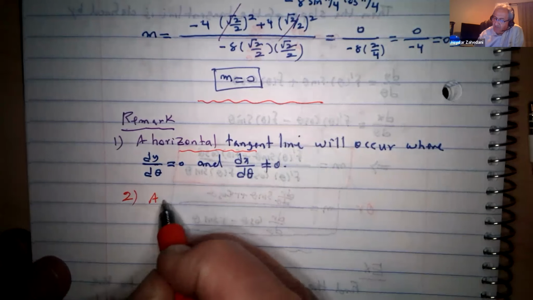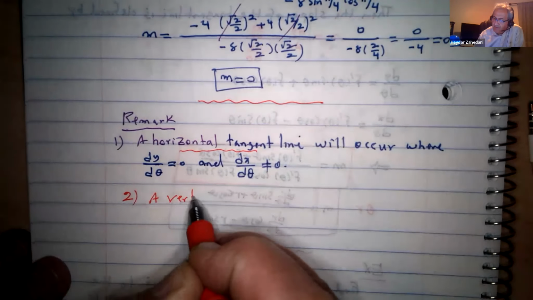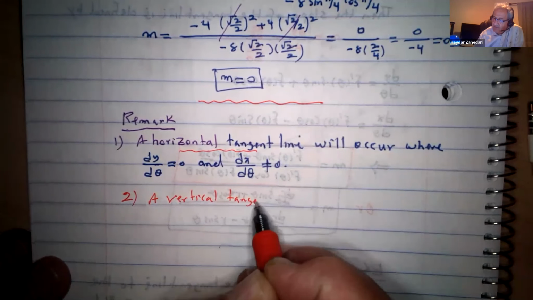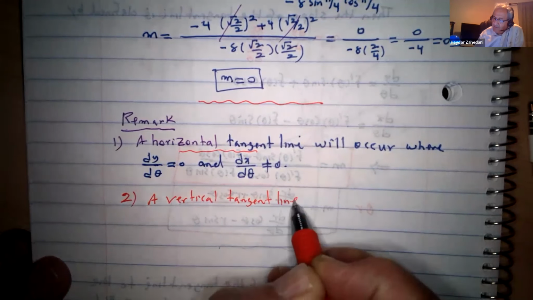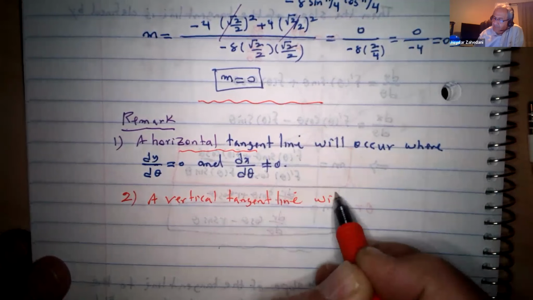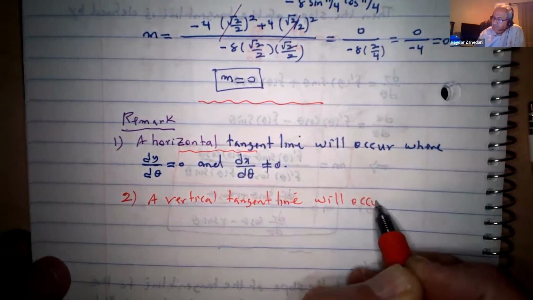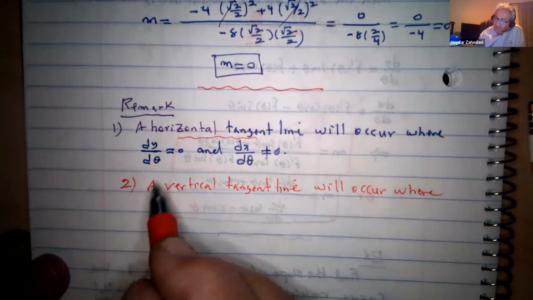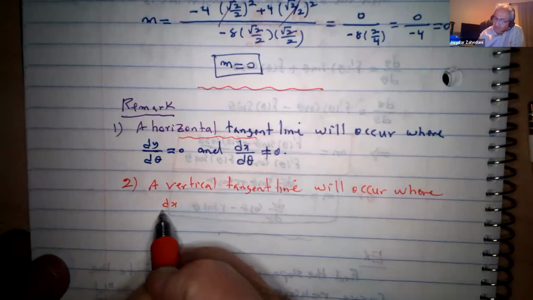So a vertical tangent line will occur where, in this case, dx/dθ must be 0.